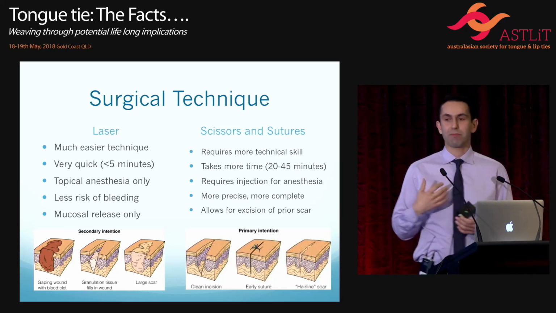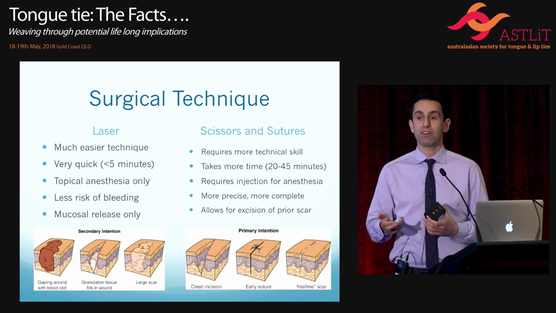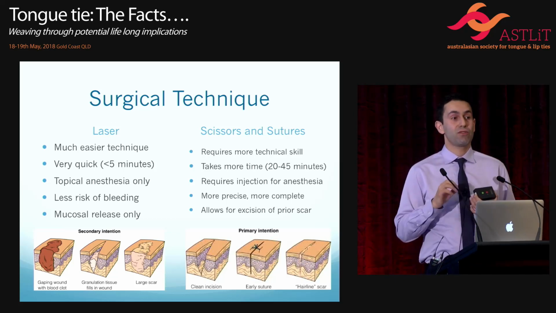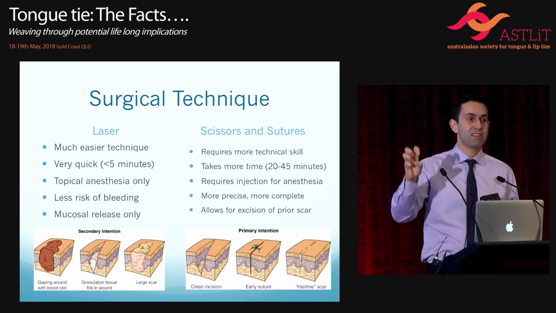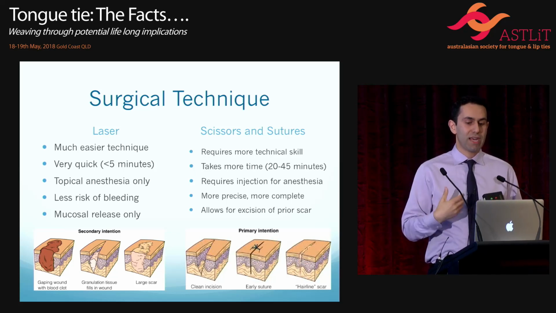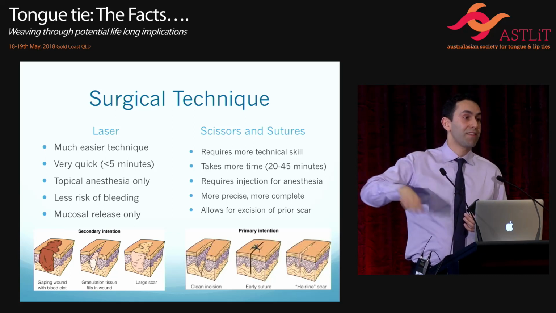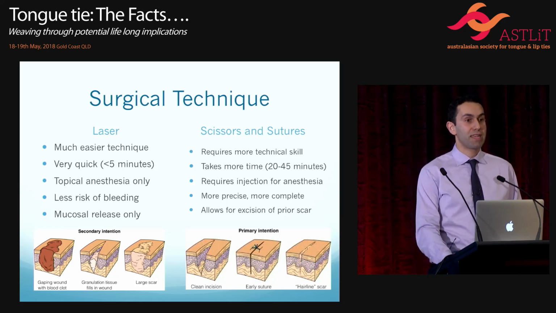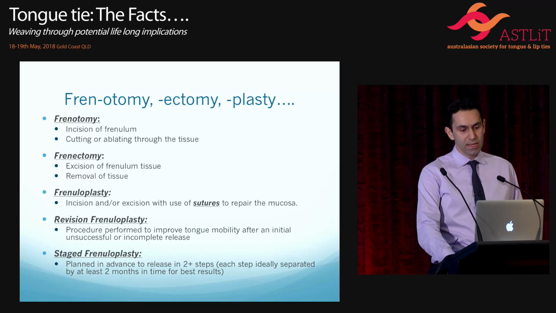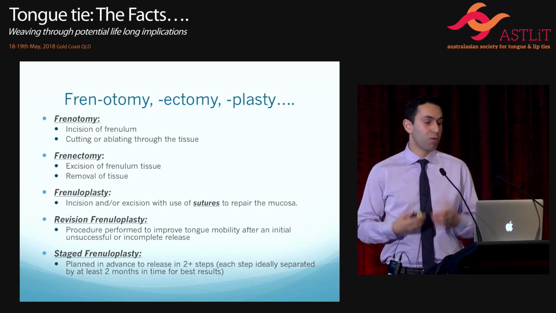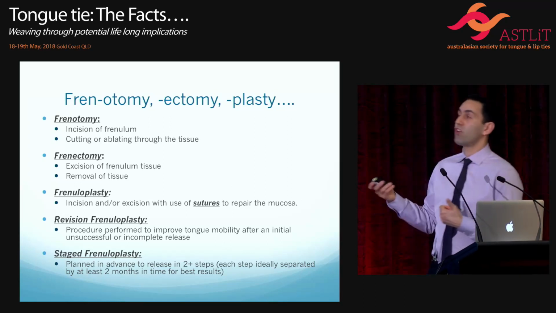And so personally, I prefer the scissors and sutures because I can get into the muscle, and I personally find that if you use a laser cautery into the muscle, you're causing it to contract more. And so that's why I prefer that. There are providers who use the laser technique and use blunt dissection to get deeper, and I find that that's perfectly adequate.